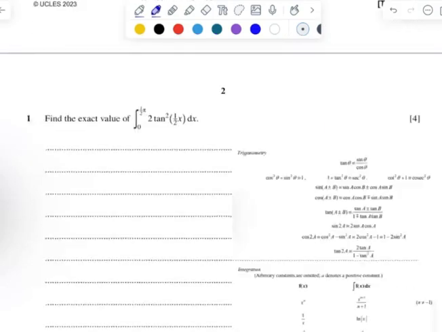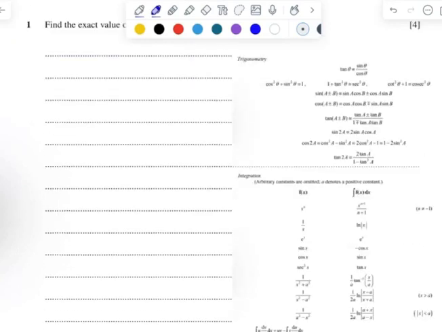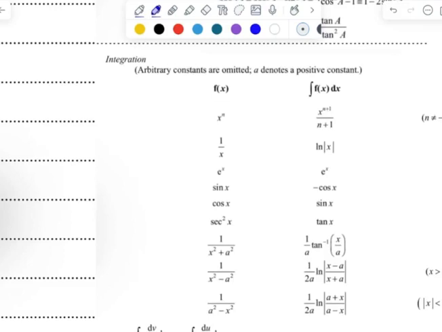So our first question, they say find the exact value of the integral of 2 tan squared half x dx. Okay, so the first thing that I want you to know with integration is you need to know what you can and what you cannot integrate. I've just got a little list and it helps to take a look at your MF19.